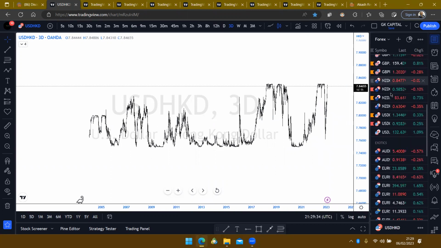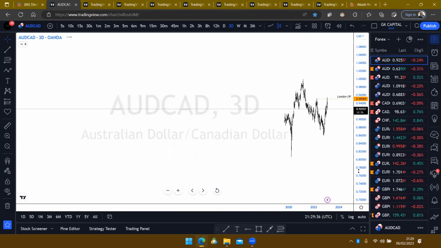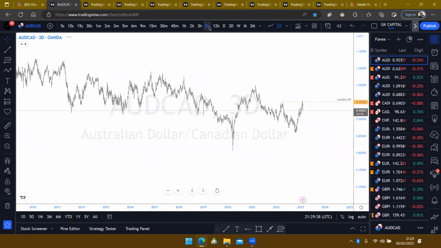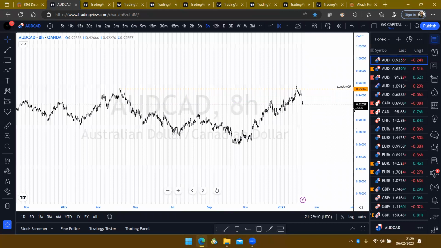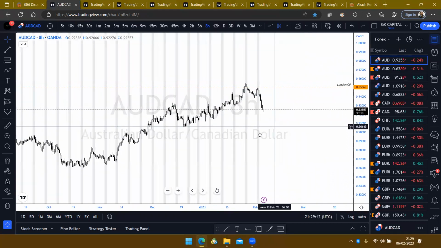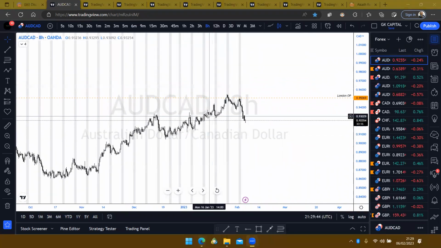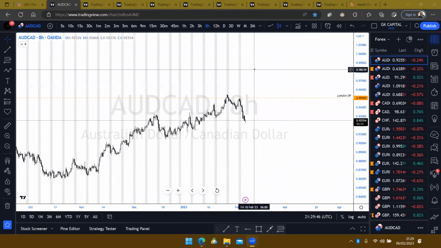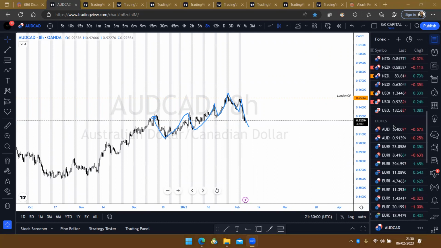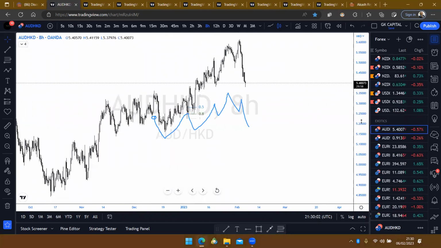Yeah, because for example, if you look at what AU has done this week, if we were to just follow the price action in terms of making this low to that to that and then drop, and then let's look at AUD Hong Kong.